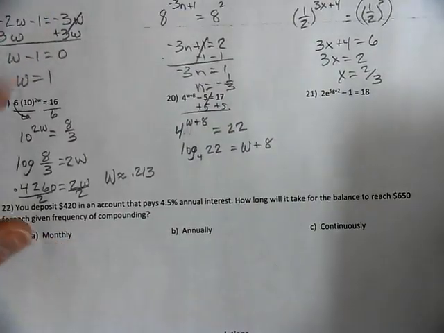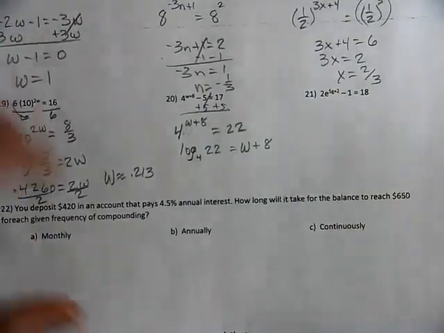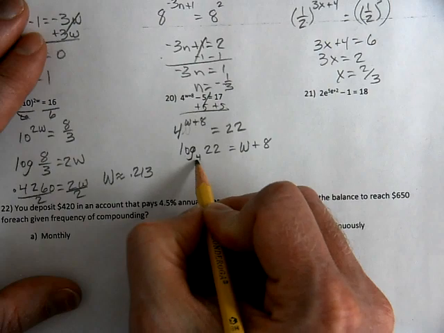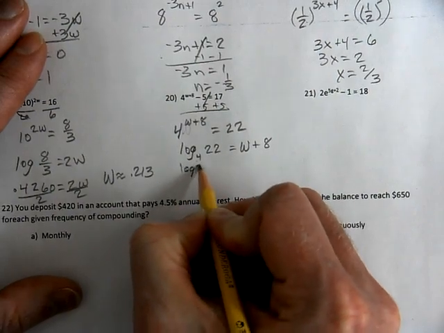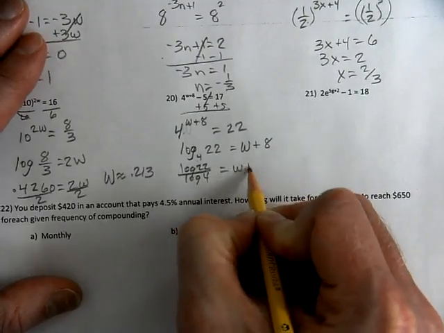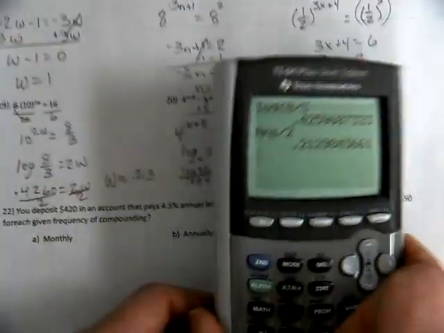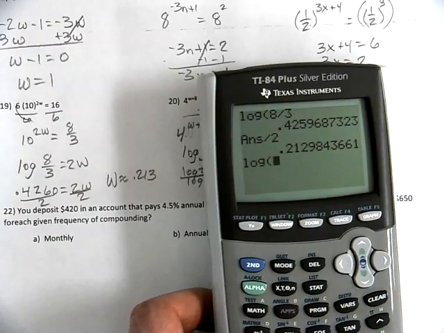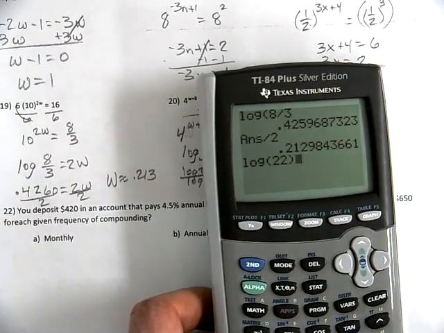Now we could figure out what this log base 4 of 22 is. We could use the change of base formula. So that is log of 22. You have to close the parentheses.